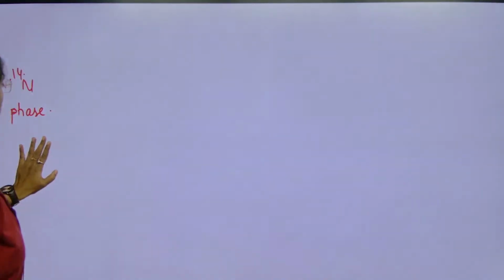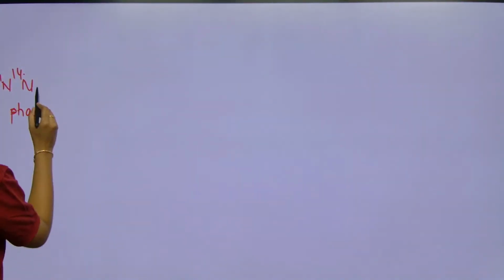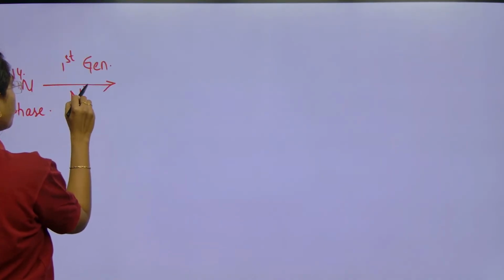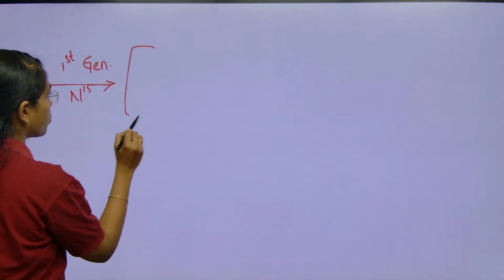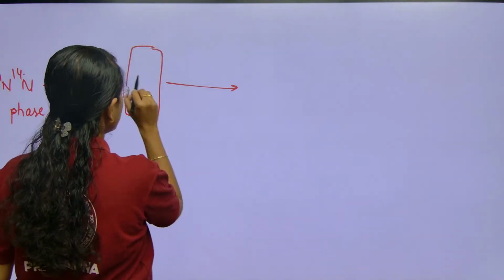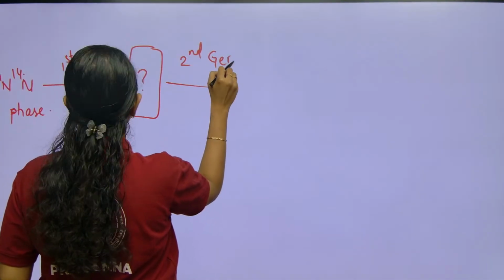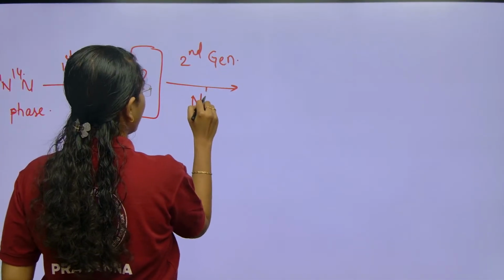If you have to consider this in the first phase, and if the question is like in the first generation, you have incubated it in N15 medium and you got the products, and in the second generation you have incubated in N14.